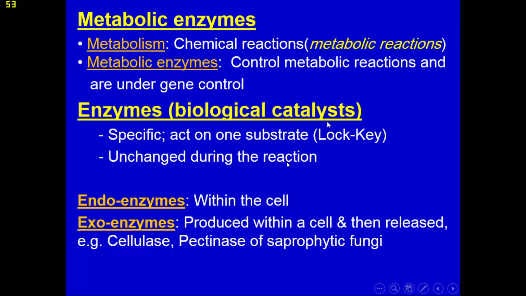Enzymes are biological catalysts. What is the meaning of catalyst? They stimulate the reaction. The enzymes are quite specific. They act on one substrate. Each enzyme acts on one substrate. It is like lock and key, like a lock and a key. This key fits this lock.